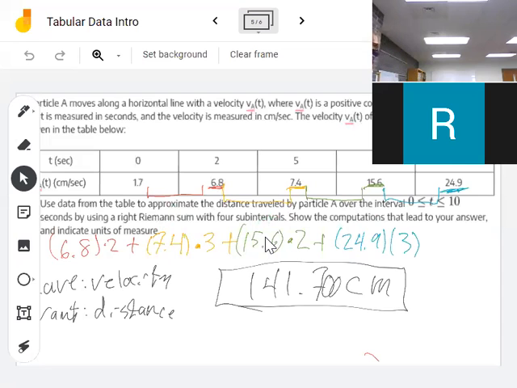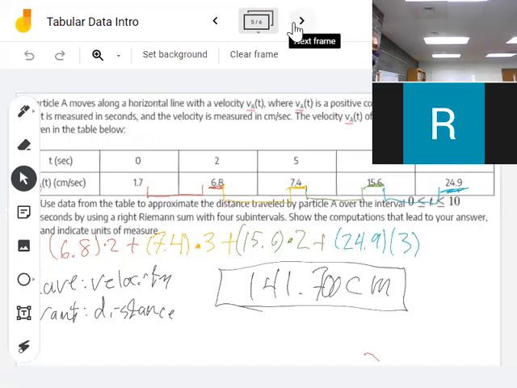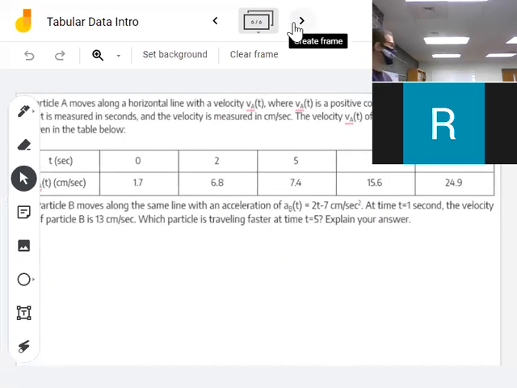And if they want you to do a midpoint, kind of like we looked at the other day, when you have a bigger table like this, they're probably going to ask you to do a midpoint, because they're not going to ask you to do like 6 or 7 intervals. That's kind of intense and unnecessary. So they're more likely to ask you to do the midpoint like we did yesterday. So like 1, 2, 3. Sound good? Cool beans. All right, let's hit this one up, see what's cracking.